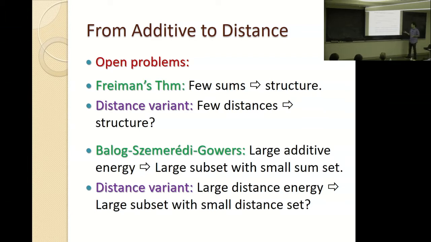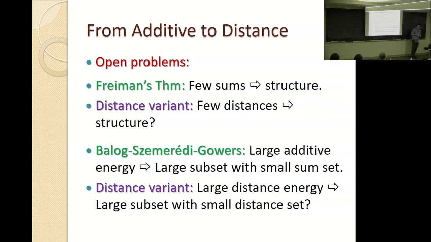This would be amazing. Even if you get something much weaker than this, that large distance energy means some sort of structure, it would still be by far probably the largest structural result we have for such a problem. Kind of a distance Balog-Szemerédi-Gowers. Okay, so far I'm not really saying much, right? I'm just saying, look, it looks similar. But why? Why is it useful?